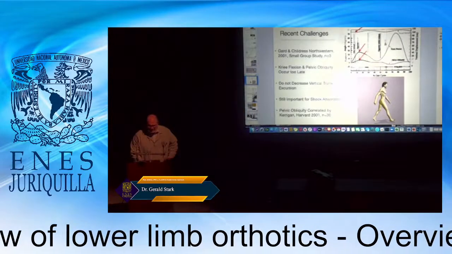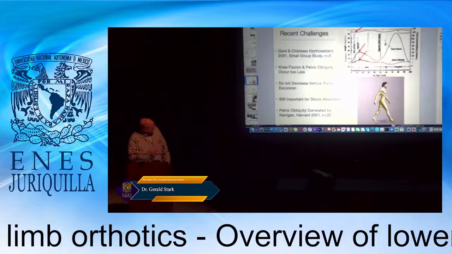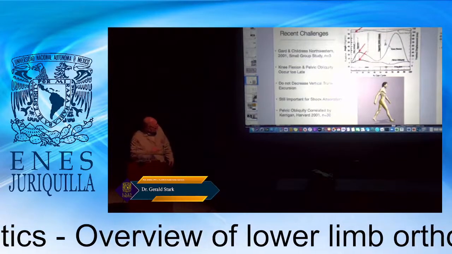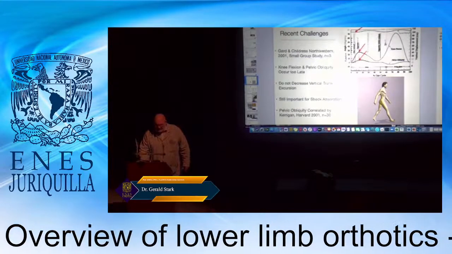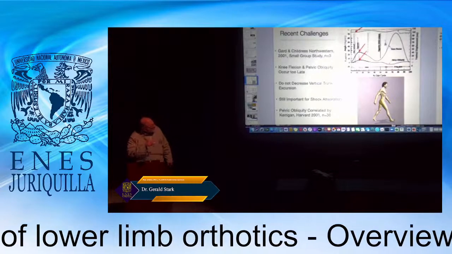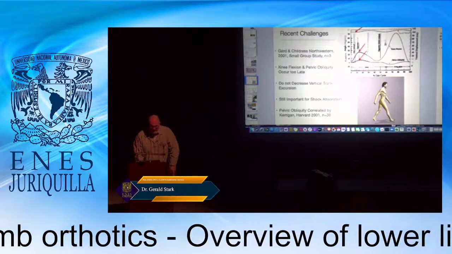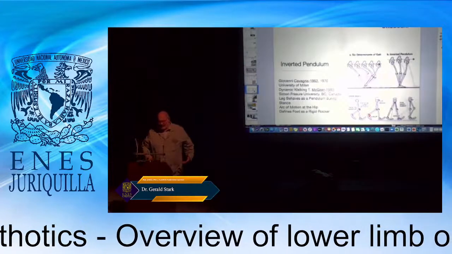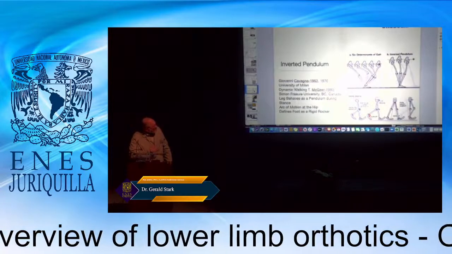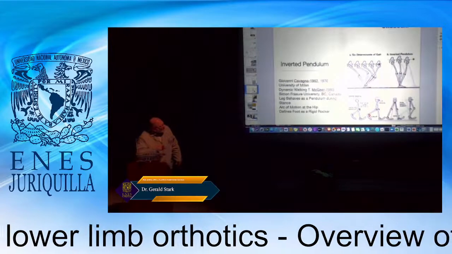So when we look at these challenges, Childress and Gard looked at this and found that the 6 determinants of gait were a little bit in question, because the movement of the pelvis wasn't necessarily in correlation to this minimization of the pelvic oscillation. So they began to think maybe there are 2 forms of gait. We typically think about the 6 determinants of gait, which is to minimize that movement.